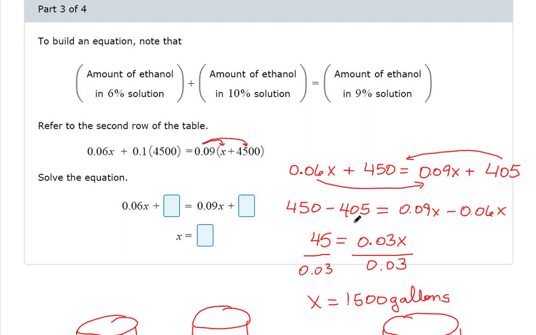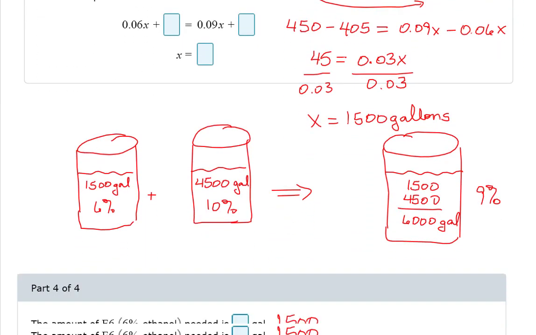I do the subtraction and I get 45 and I get 0.03x. And so when you divide by 0.03 to get x by itself, we find x is 1,500 gallons.